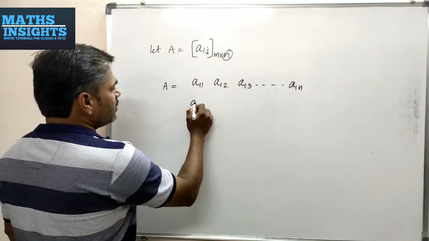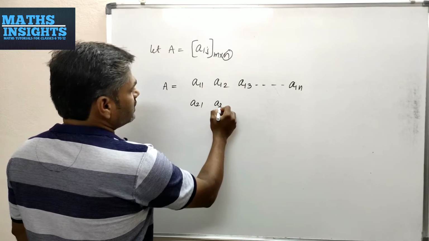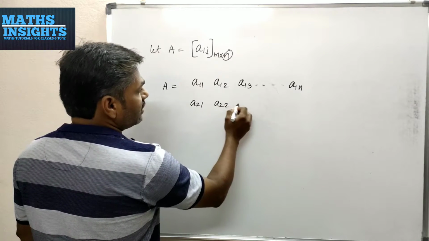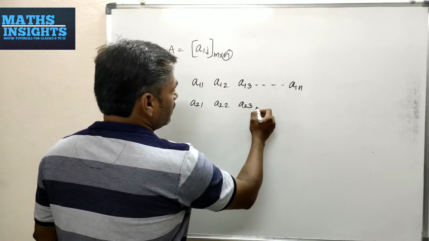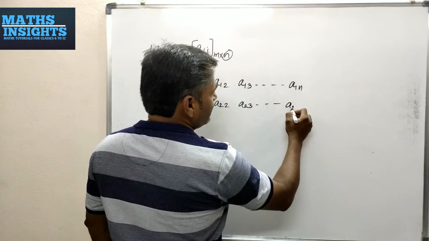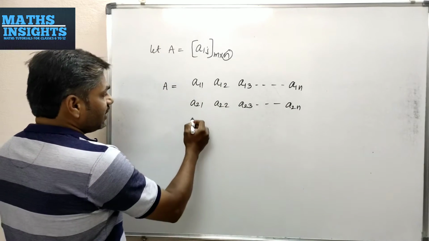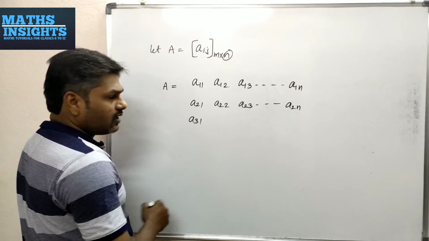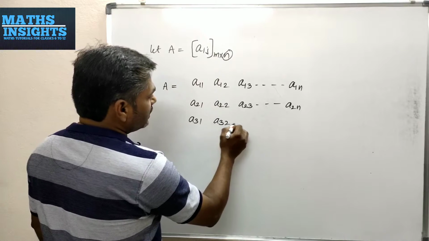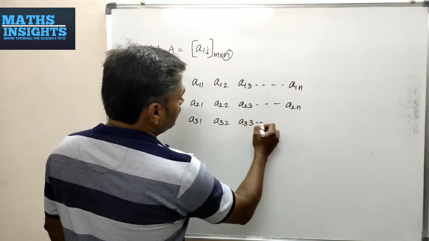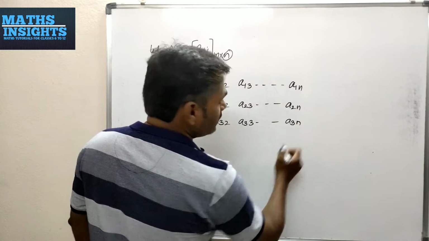Now I will write second row, first column. Second row, second column. Second row, third column, and so on. Second row, nth column. Third row, first column. Third row, second column. Third row, third column, and so on. Third row, nth column.